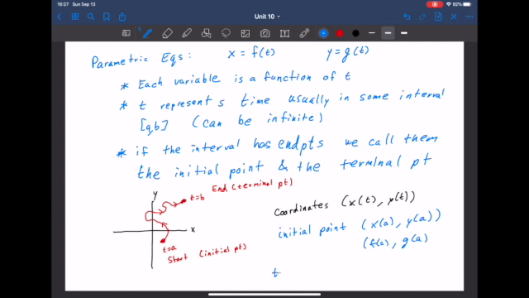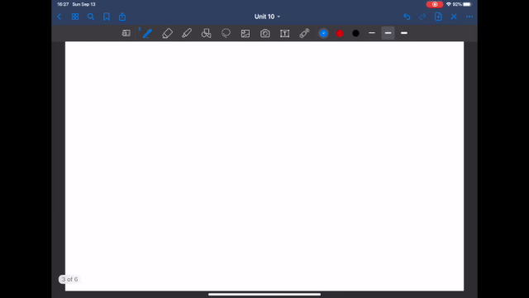And the terminal point is x of b, y of b. Or again, f of b, g of b, if we have that relationship where we know what the functions of x and y are. So let's do our first example.